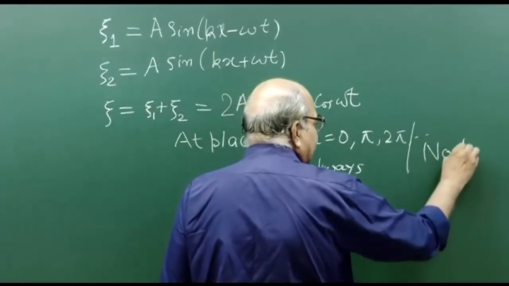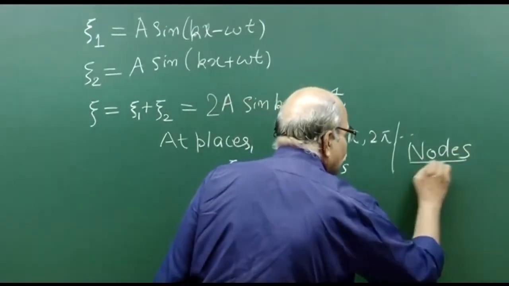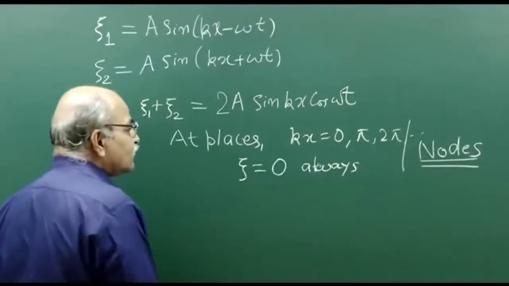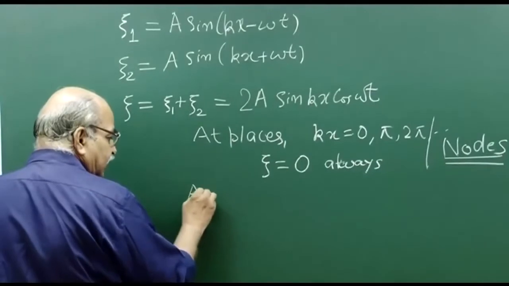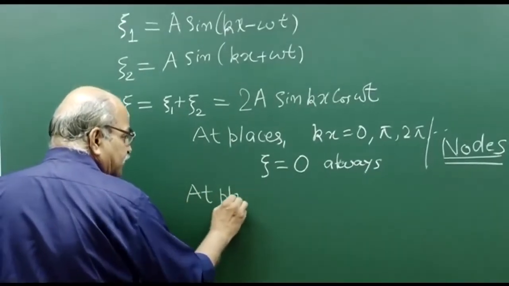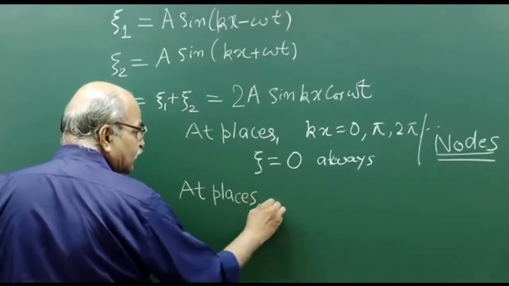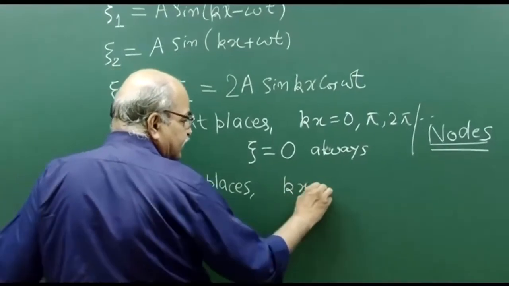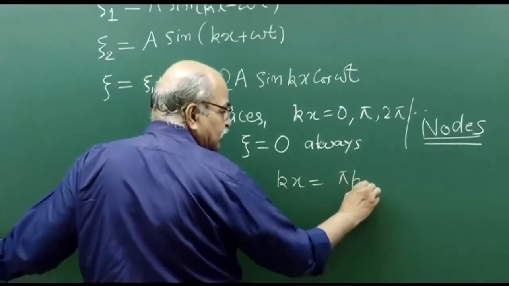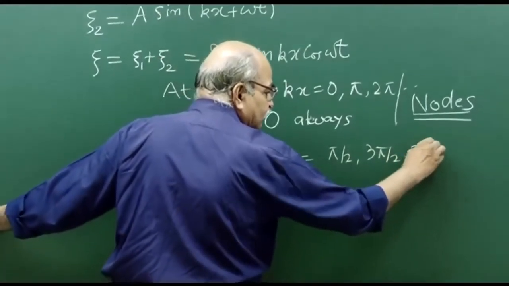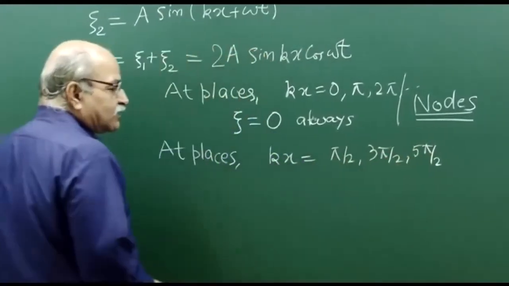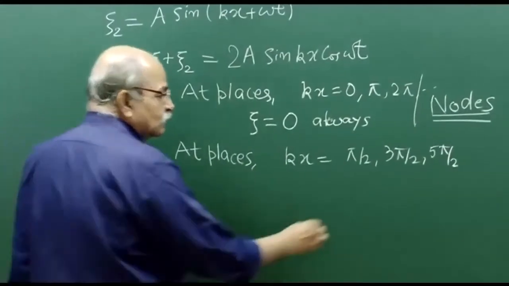These positions are known as nodes. And then you have other positions midway between these, where kx is pi by 2, 3 pi by 2, 5 pi by 2, odd integral multiples of pi by 2.